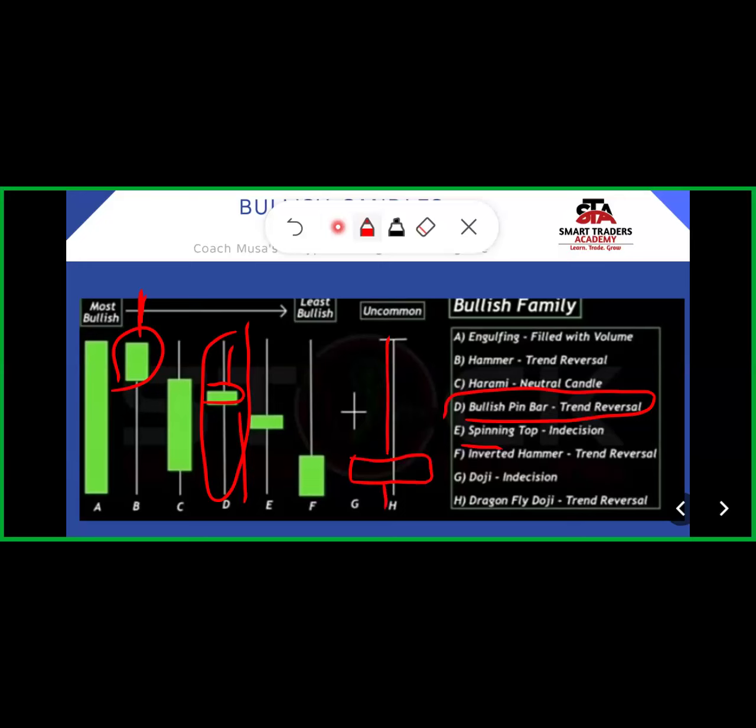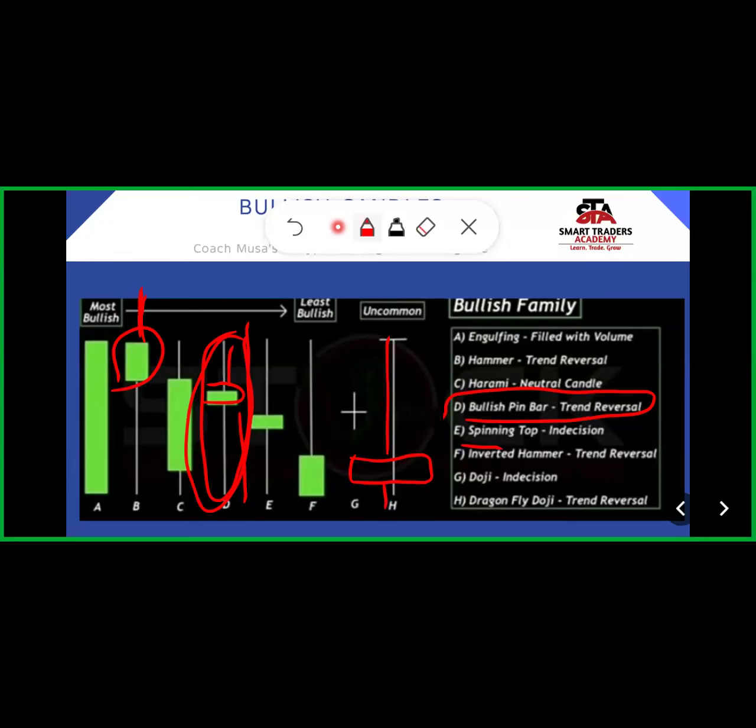But all of them fall under the category of trend reversal candlesticks. That's just the slight difference: for a pin bar, there is always a small body with a short wick on one side and a long wick on the other.